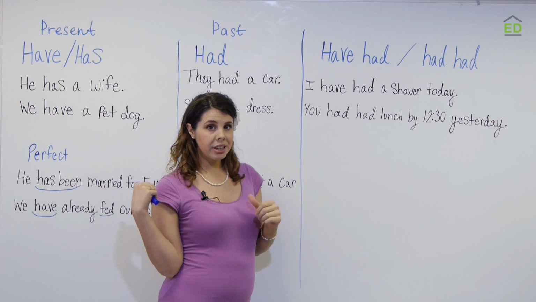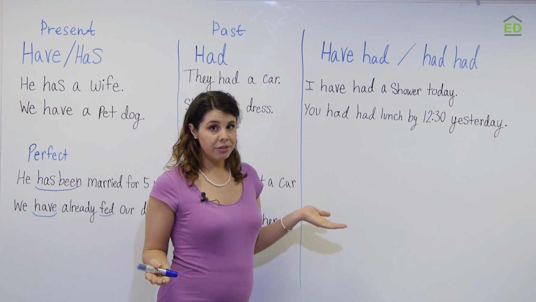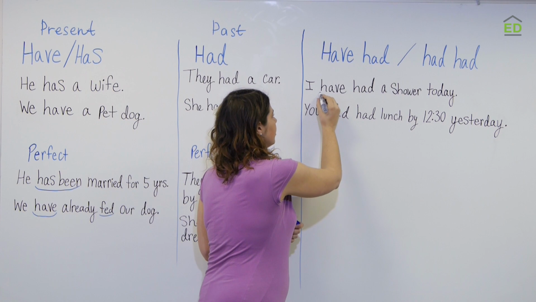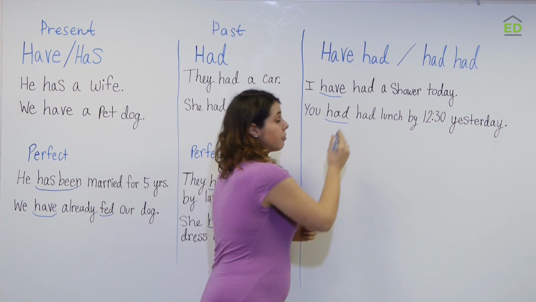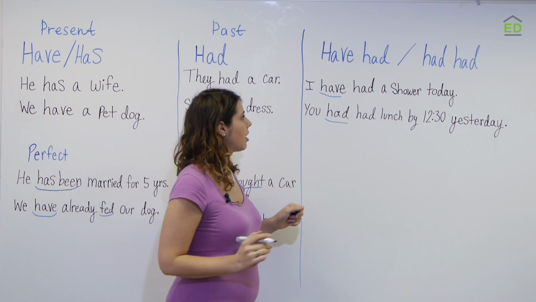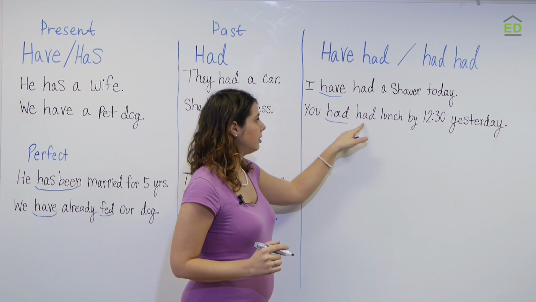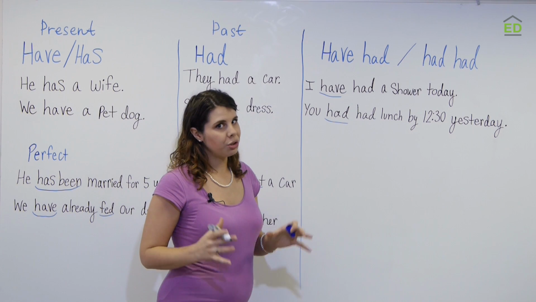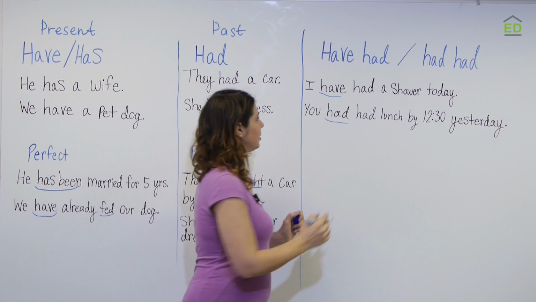And as you saw here, you have an auxiliary verb to create this tense. So have and had, the first ones are the auxiliary verbs to create this tense. And then the second one is showing ownership, like the original meaning of have.